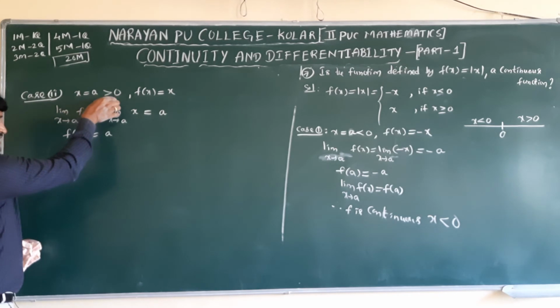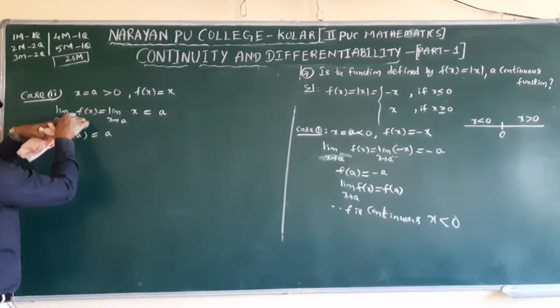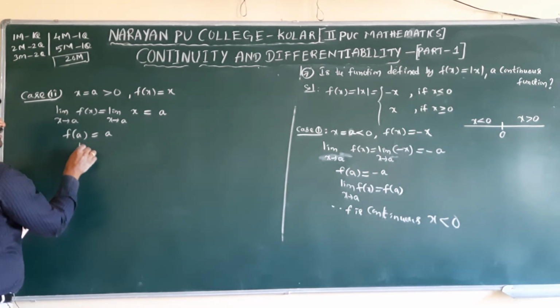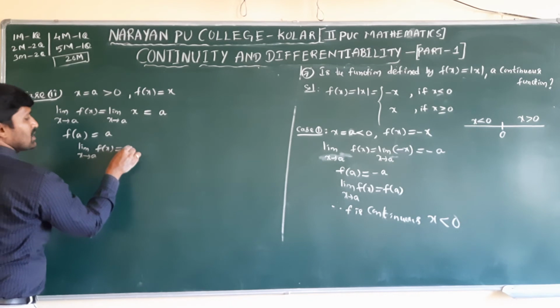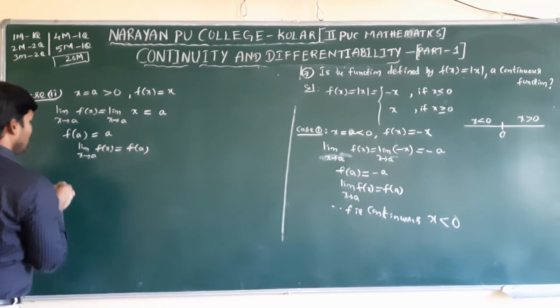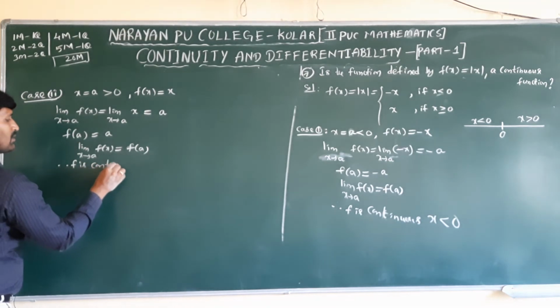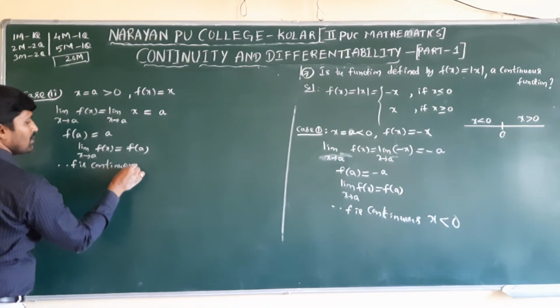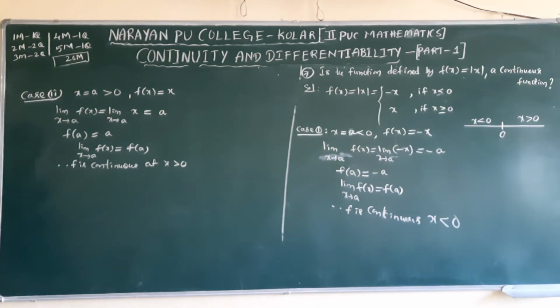For this condition, the function is f of x equal to x, and the continuity conditions are satisfied. That's why it is equal to f of a. Therefore, f is continuous at x greater than 0. Next, case 3.